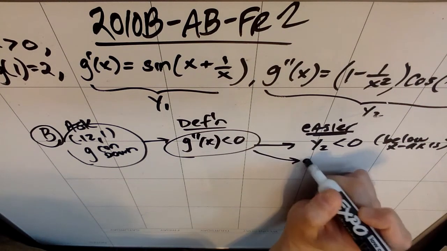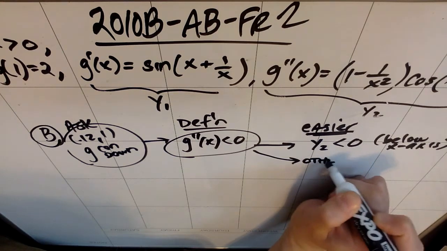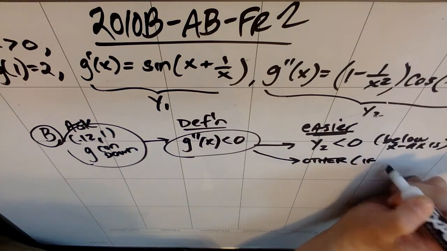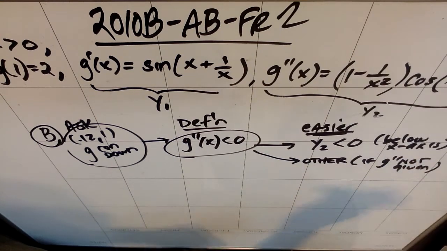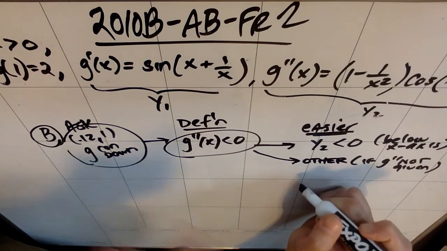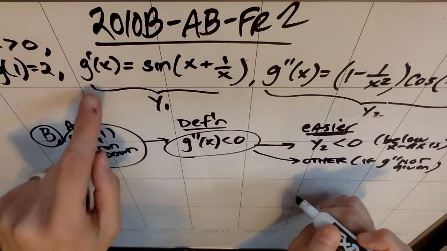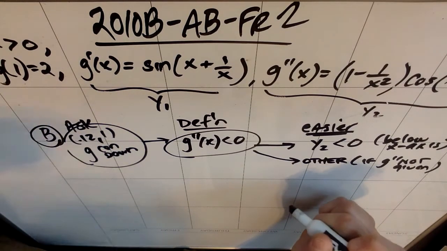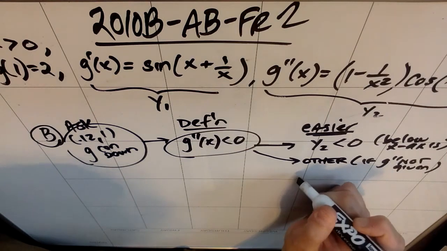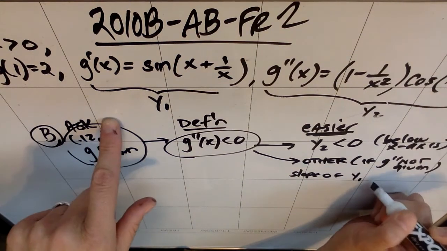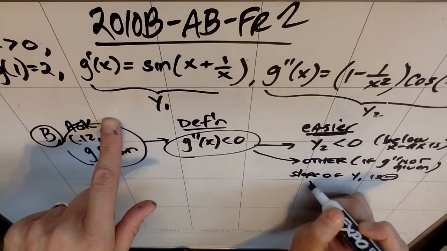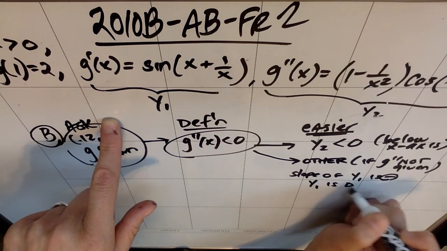But your other option, okay, the other option that would be really useful if g prime was not given, right, is you could recognize that it's really when the slope of g prime, because slope is like derivative, so the derivative of g prime is negative. So it would be when the slope of the thing you put in your y1 is negative, and what that visually looks like is y1 is decreasing.